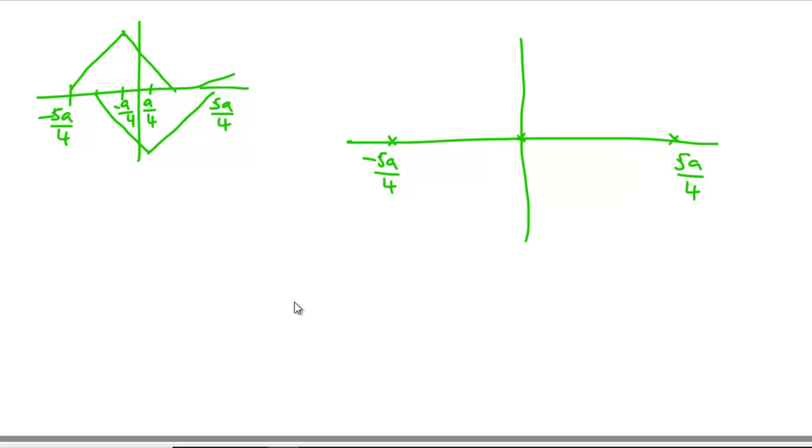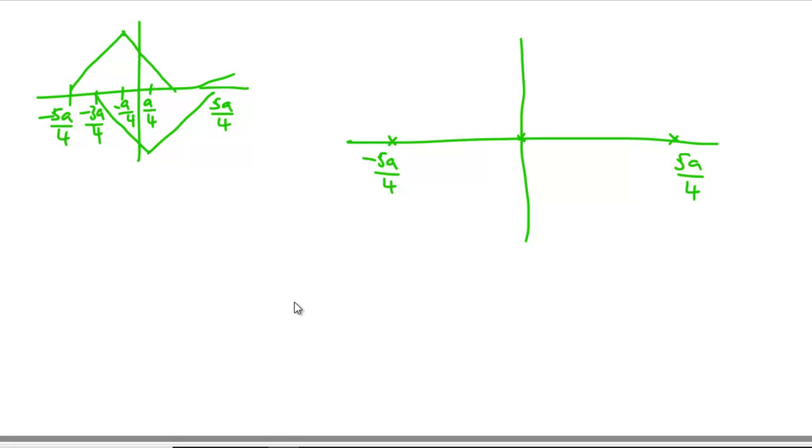So this is coming in the middle, is it? Well, let's think of where that's minus a over 4. I'm trying to work out what this coordinate is here. That's going to be halfway between these two, isn't it? Yeah, that's going to be minus 3a over 4. Yes. Well, yeah, it's got to be.